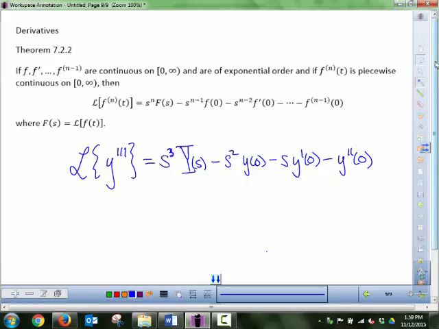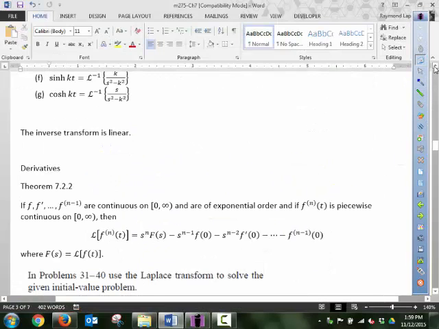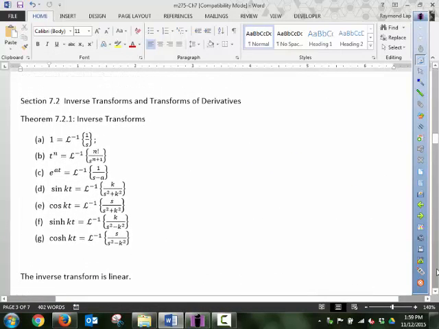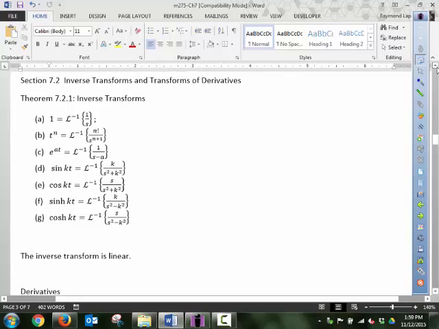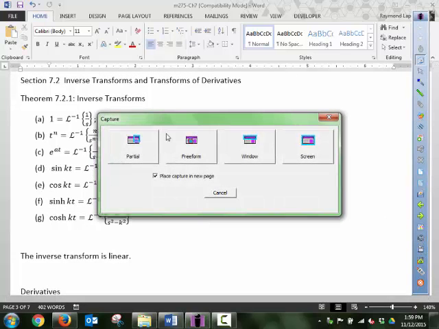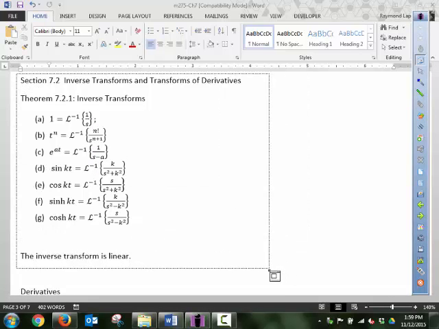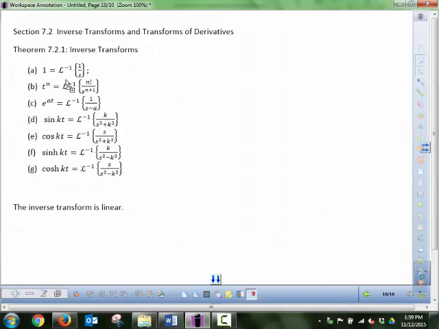Just switching things around. So let me say a few things about the inverse transform. The inverse is linear. And the inverse transform looks just like the regular transform, except it's written the other way. So I don't know if this is the best way to write a table. It's not.